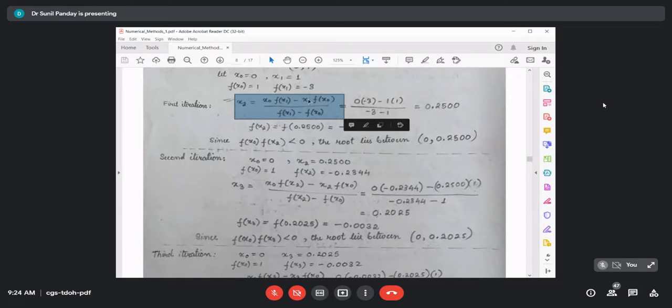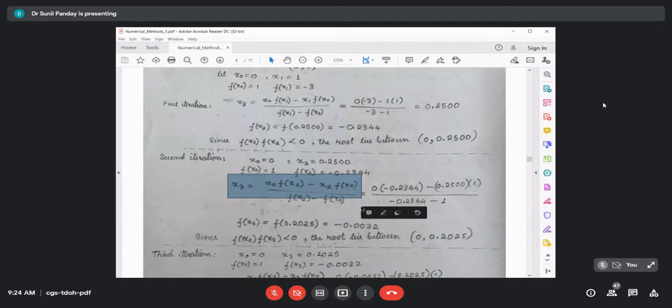So in this formula x1 is replaced by x2 and you are having your x3 like this: x0 f of x2 minus x2 f of x0 divided by f of x2 minus f of x0. So here it is changed, because earlier, if it is secant, it is like x2 f of x1 minus x1 f of x2 divided by f of x2 minus f of x1, but it is regula falsi, and on the basis of the condition it is this one.